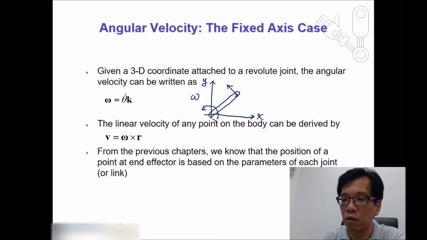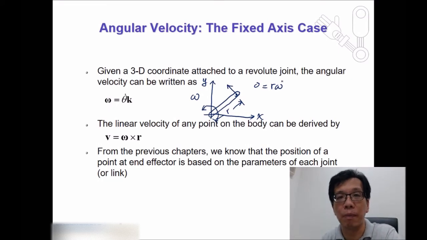If we know the distance over here is r, the velocity is going to be r omega, and must be perpendicular to this specific linkage.